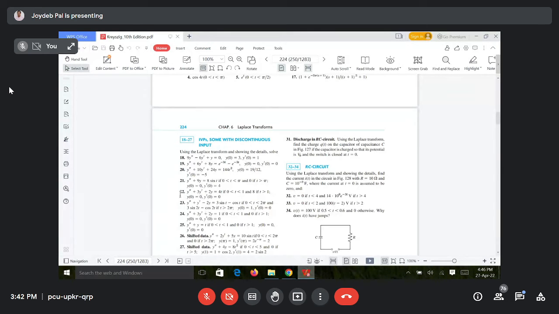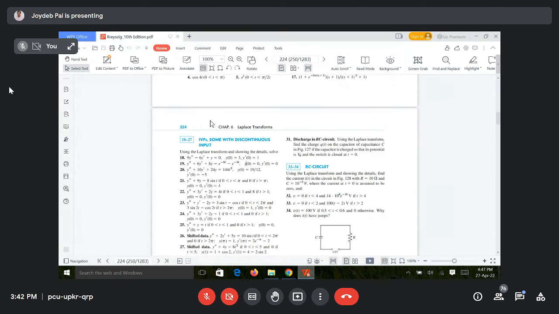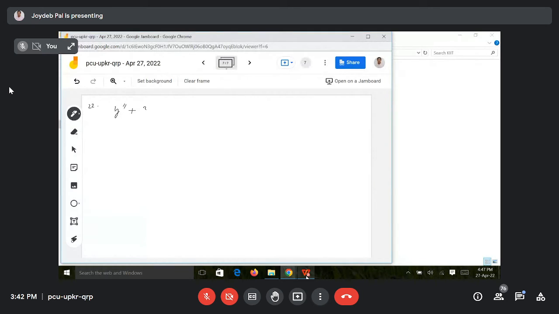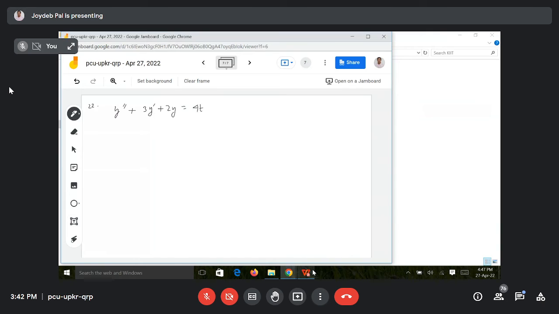Just the next problem you see: y'' plus 3y' plus 2y is equal to 4t whenever t lies between 0 and 1, and 8 whenever t is greater than 1.